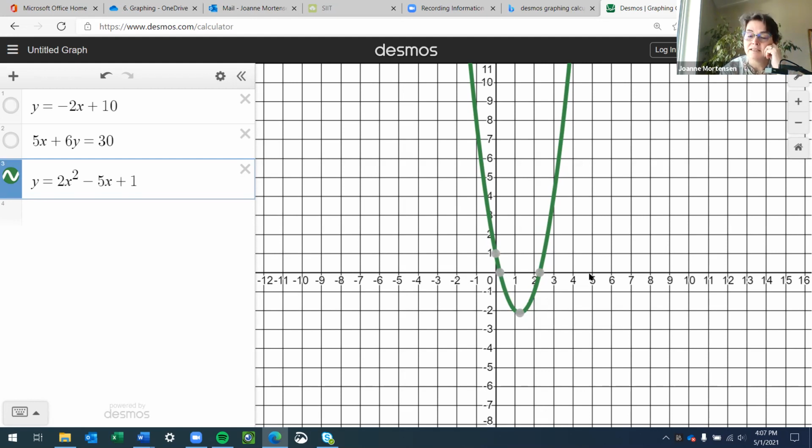So the range is interesting. The range is not just y is an element of the reals. So I'm going to have to write this. We've got y. Now in this case, because this is a smiley face, y is going to be greater than or equal to, and then I can go to this point right here and look at how far down it goes.